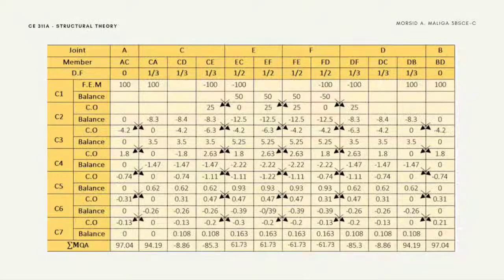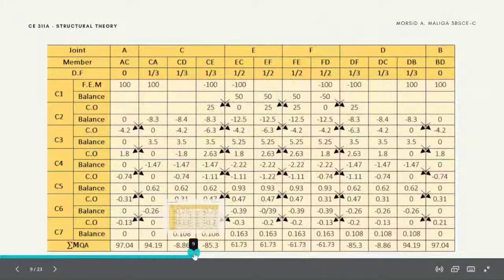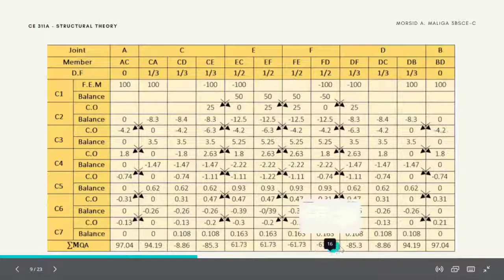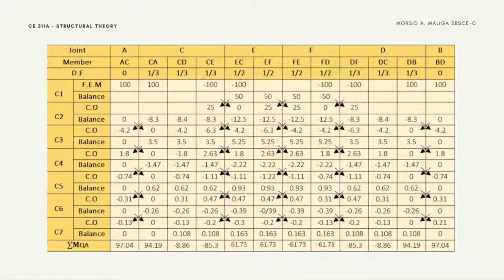For CA, meron tayong 94.19, for CD negative 8.86, for CE negative 85.3, for EC 61.73, also for EF negative 61.73, for FE negative 61.73, for FD negative 85.3, for DF negative 8.86, for DC 94.19, for DB and 97.04 for BD.